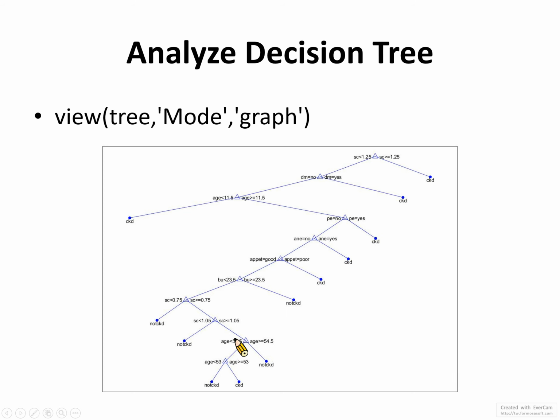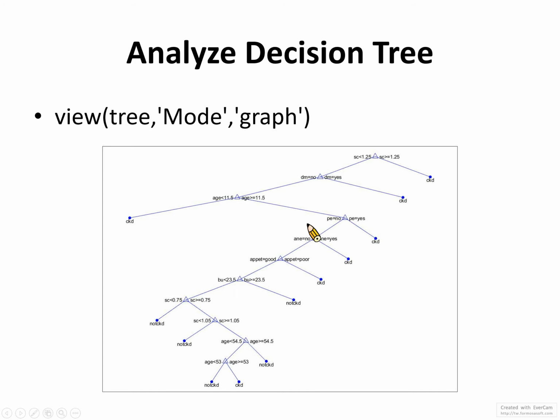So you can see that this is not a perfect tree, but the model just tries to use every possible decision node to differentiate CKD and non-CKD.